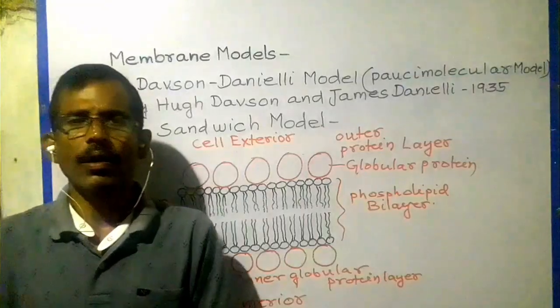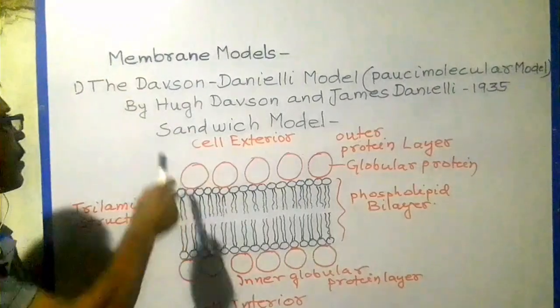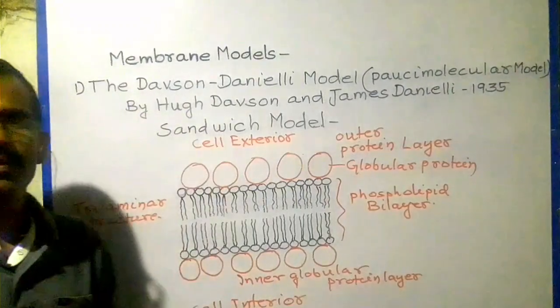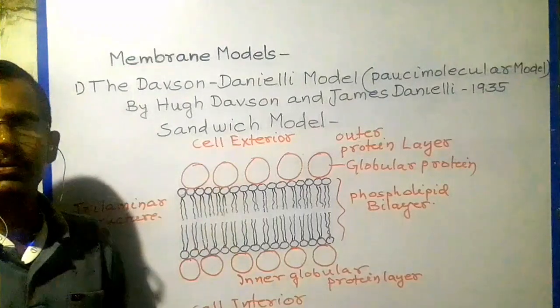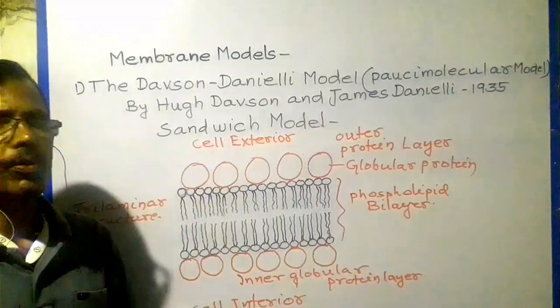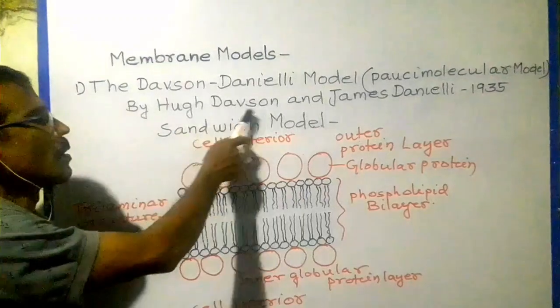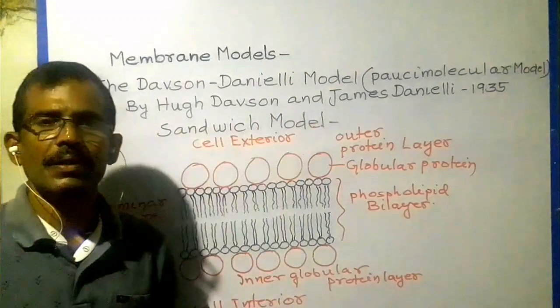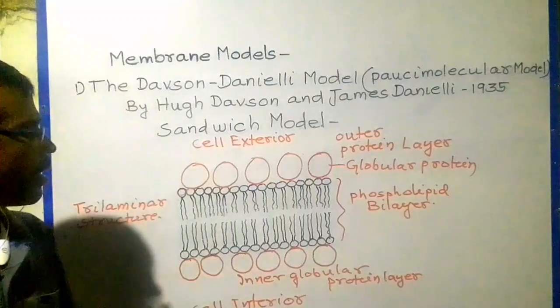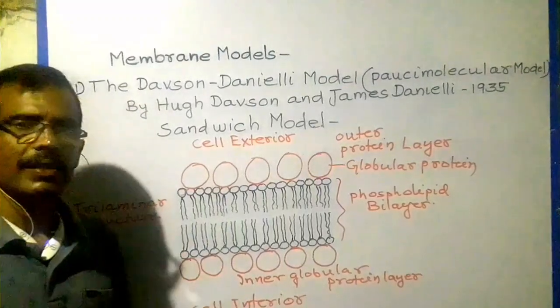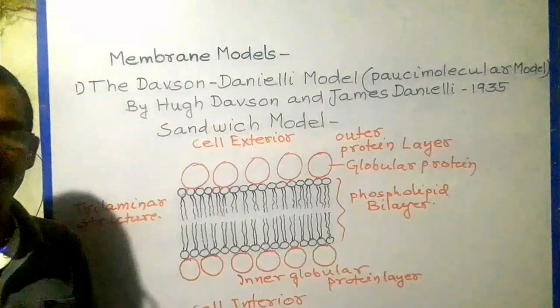The second model of the plasma membrane is the Davson-Danielli model, also known as the paucimolecular model. This model was proposed by Davson and James Danielli in 1935. According to this model, the cell membrane has a trilaminar structure.